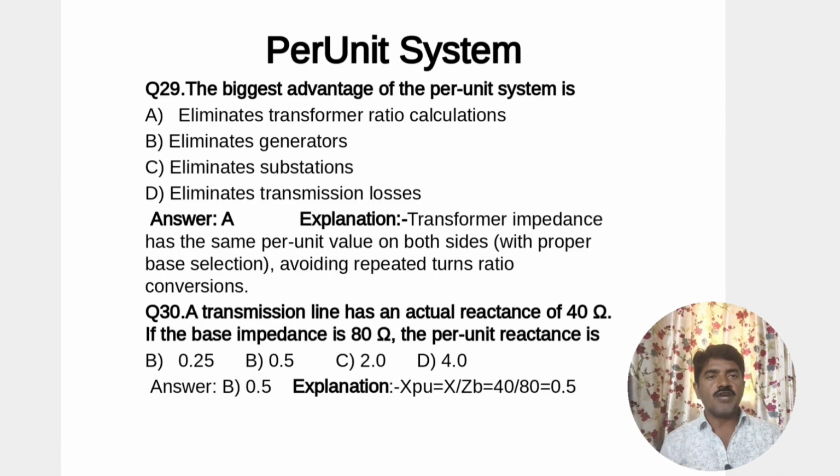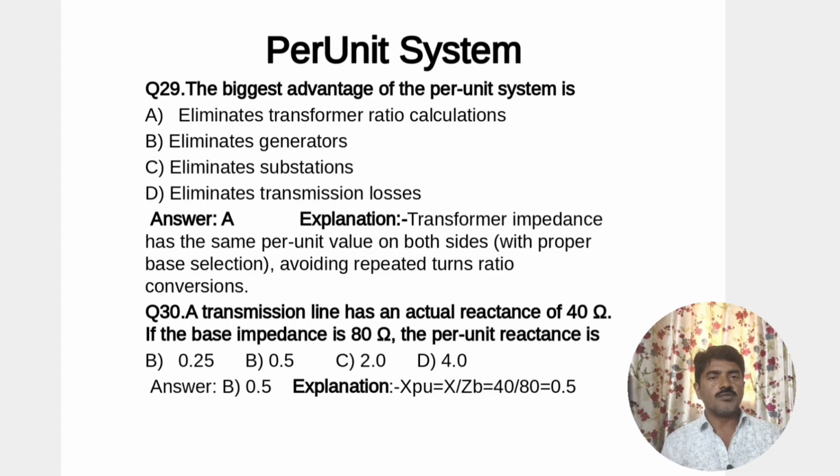29. The biggest advantage of the per unit system is here in transformer, transformation ratio eliminated for entire calculations. So it is a major advantage. So your answer is A. 30. A transmission line has an actual reactance of 40 ohms.